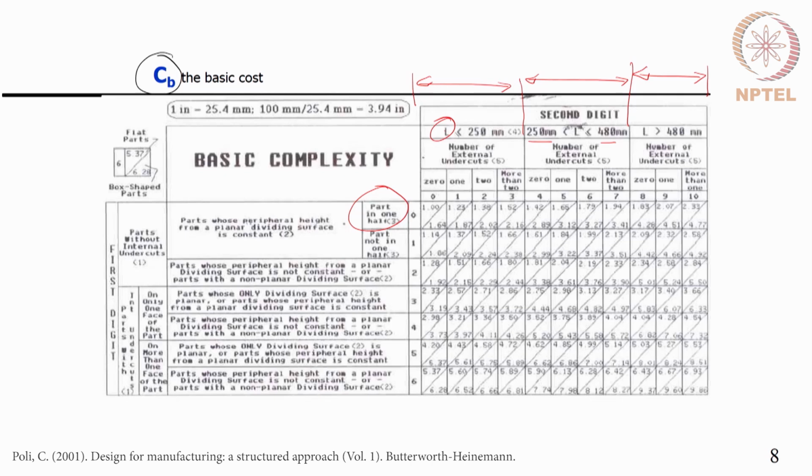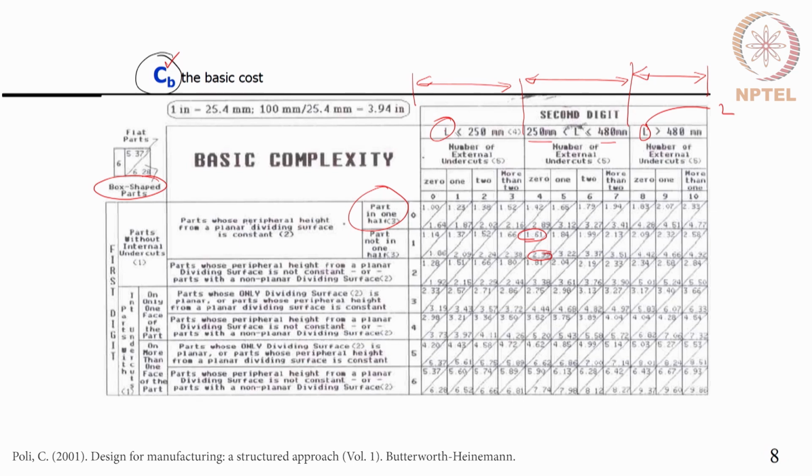So, this L is my first parameter that decides which column I am going to look at for taking my CB cost. Then I will see this aspect ratio L by H, which is box or flat part. In each of the cells, I will take the top number if it is a flat part, and the bottom number if it is a box part.